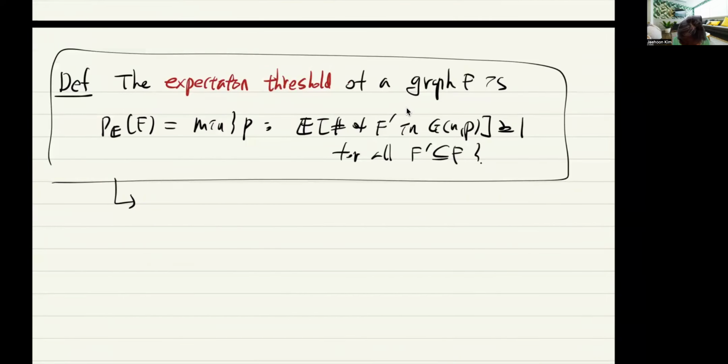But for a more general graph, like a Hamilton cycle, which is a structure that is not of constant size but grows with n, in any case this actually provides a lower bound on the threshold.